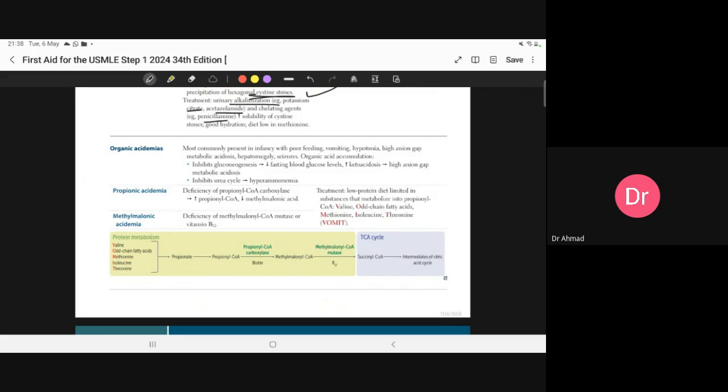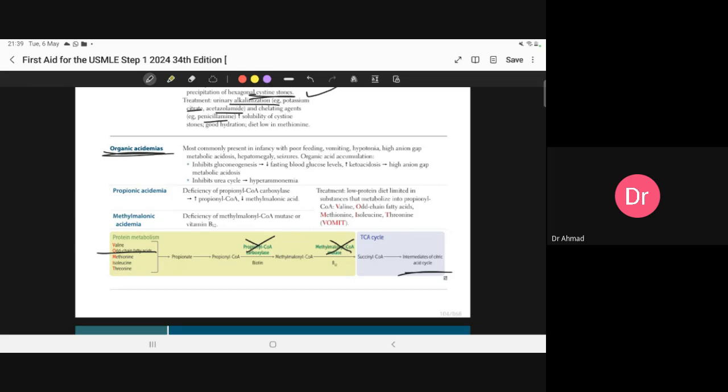They are not metabolized because of enzymatic deficiencies, and they cannot contribute to either glycolysis or gluconeogenesis. The one thing that is very unique here, along with amino acids, is that you also have odd chain fatty acids. They can also accumulate and contribute to organic acidemias, because it's just acidemias. Your proteins or amino acids can be basic or acidic. So if you have acidic buildup, it can also contribute to organic acidemias.